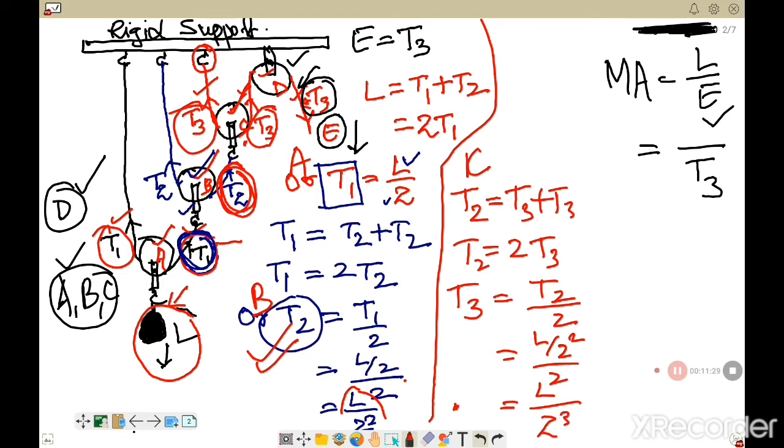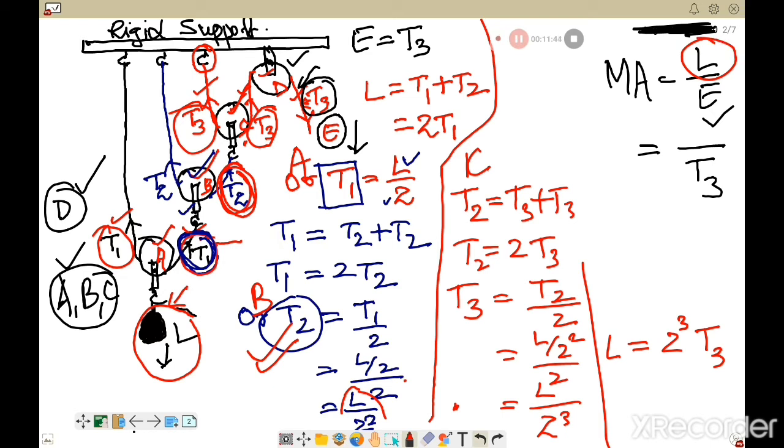So from here, when I make L the subject, I'll get L equals 2 to the power 3 into T3. So here I get the value of L. L is 2 to the power 3 times T3. Since effort equals T3, this T3 and this T3 get cancelled.